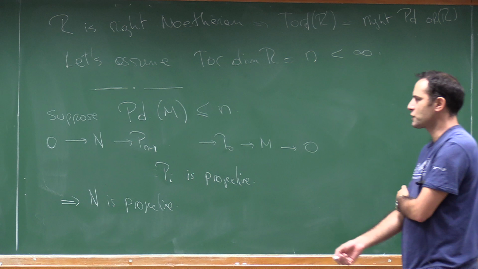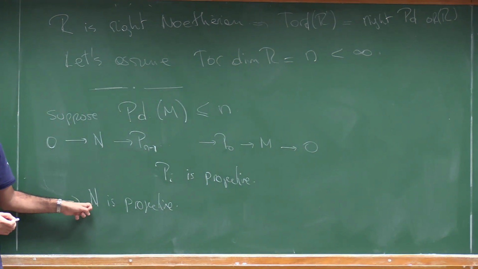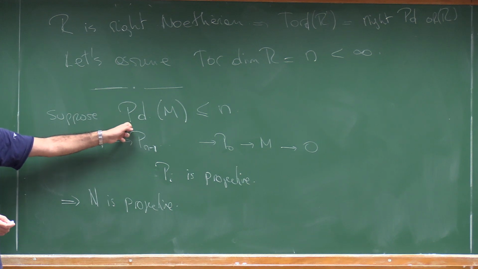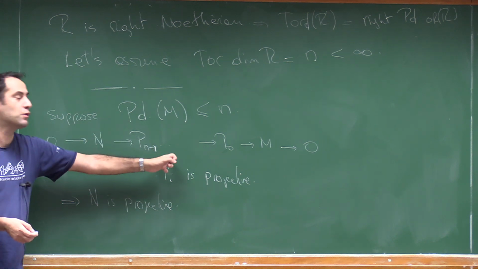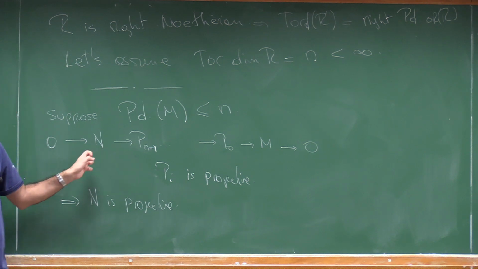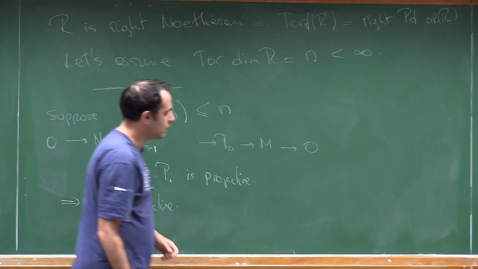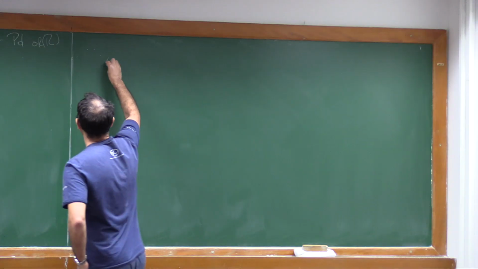Now, of course, the converse would also be obvious, right? If N is projective, then the projective dimension of M would be less or equal than n, because I would be giving you a resolution of length n. Okay, so how do I prove that this N here is projective? Well, then we look at Ext.